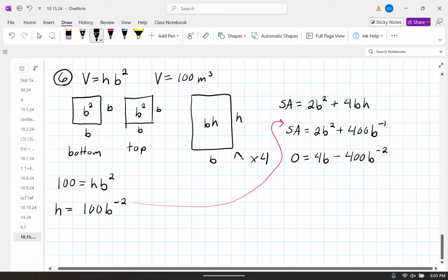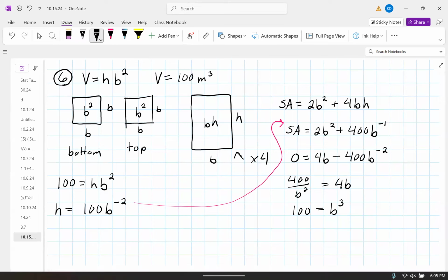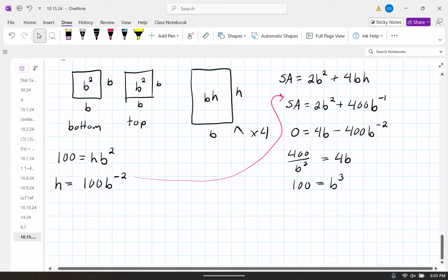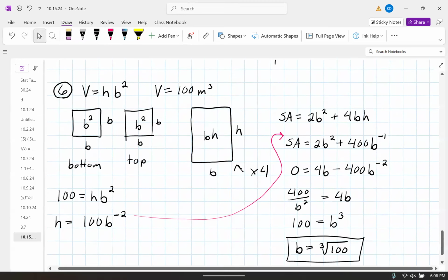Almost there. We know B can't be 0 because we're dealing with real items. It has to have a shape. And hey, as you said, what's the base going to be? And we can back solve.